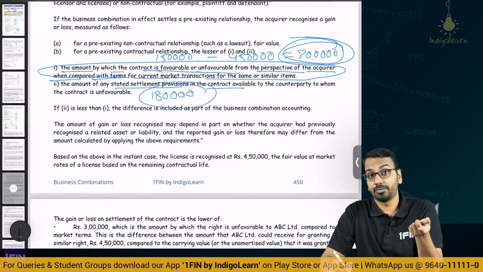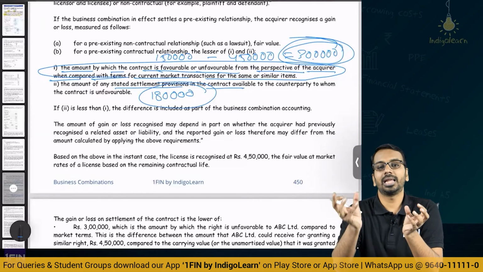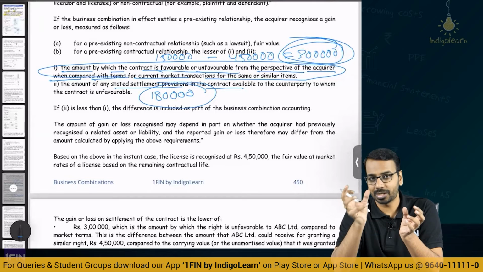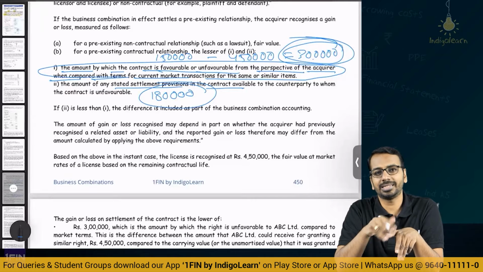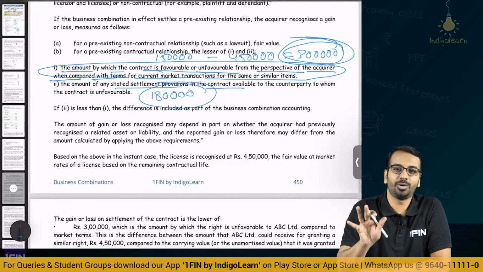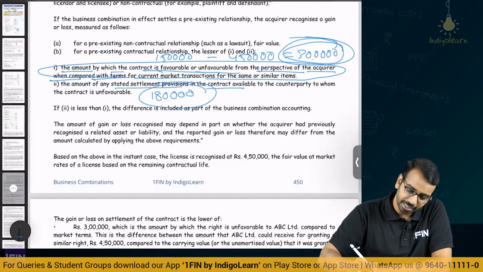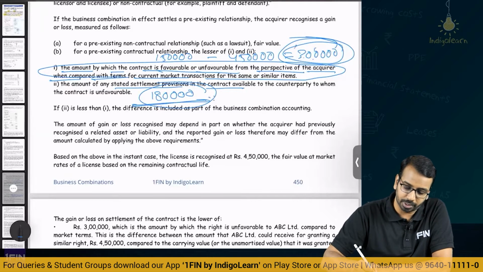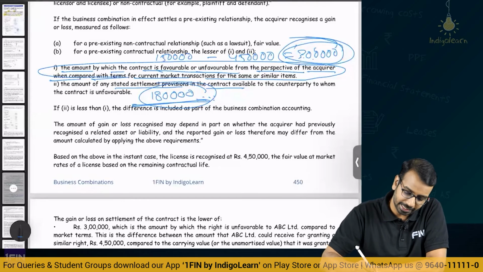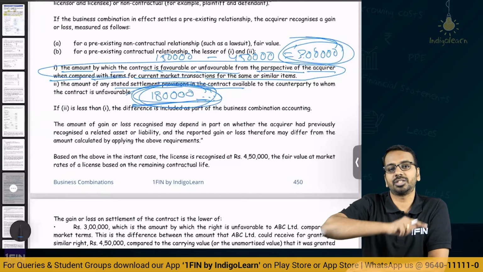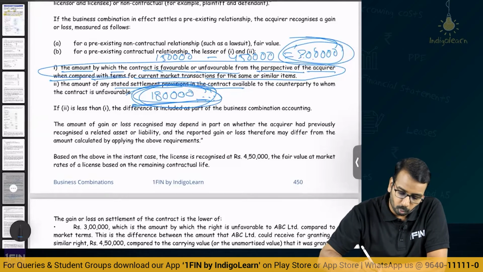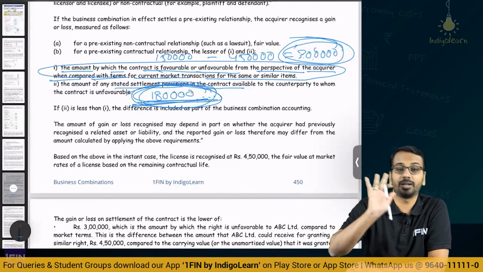What is the amount of settlement provision? 1,80,000. 3 lakhs, that is the value, 1,80,000 is the settlement provision. Settlement provision means the party who is terminating has to pay. Now, in this case, will the acquiree terminate? No, acquiree will not terminate. The acquirer will terminate and they will pay 1,80,000. Whichever is lower of these two numbers, 3 lakhs or 1,80,000, 1,80,000 is lower. So, you will consider that out of the purchase consideration that is paid to the acquiree, 1,80,000 is to settle this particular contract.